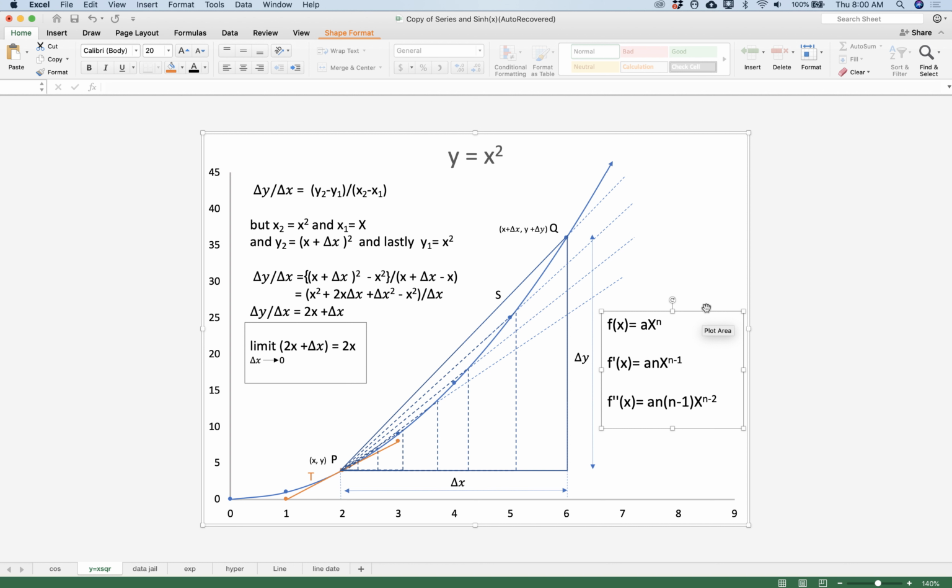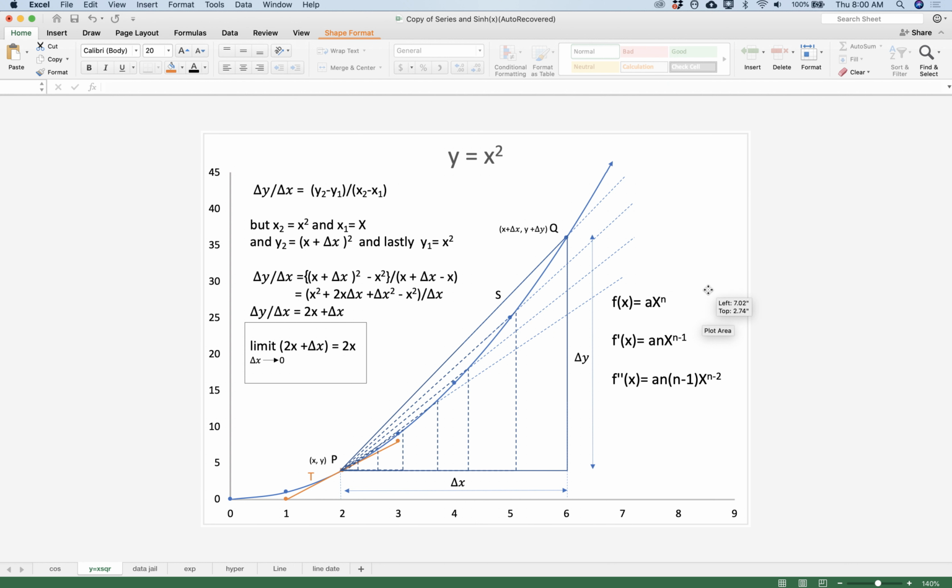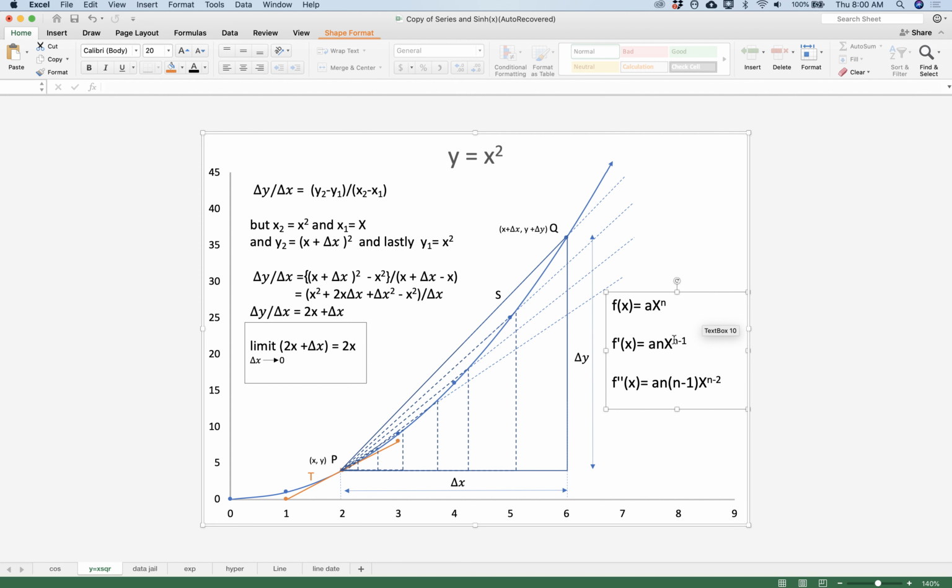So it's just nice to know this little rule of thumb that for polynomials this applies. We haven't looked at other functions yet, like trigonometric functions or exponential functions, but this little rule works for polynomial functions, and that forms a large segment of the functions that we deal with.